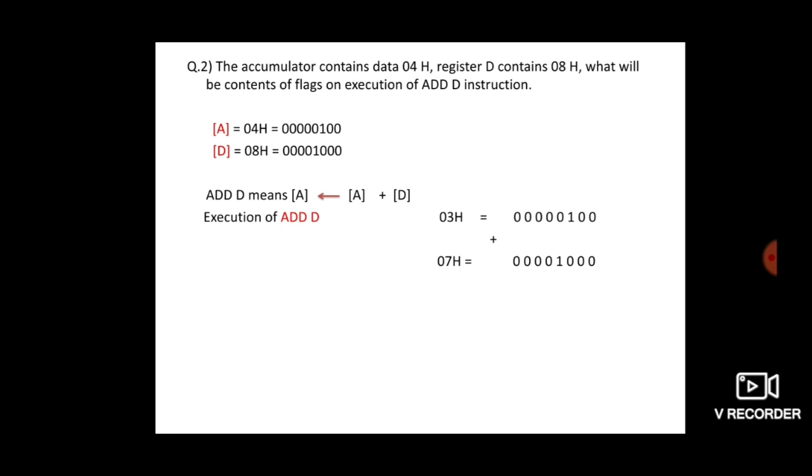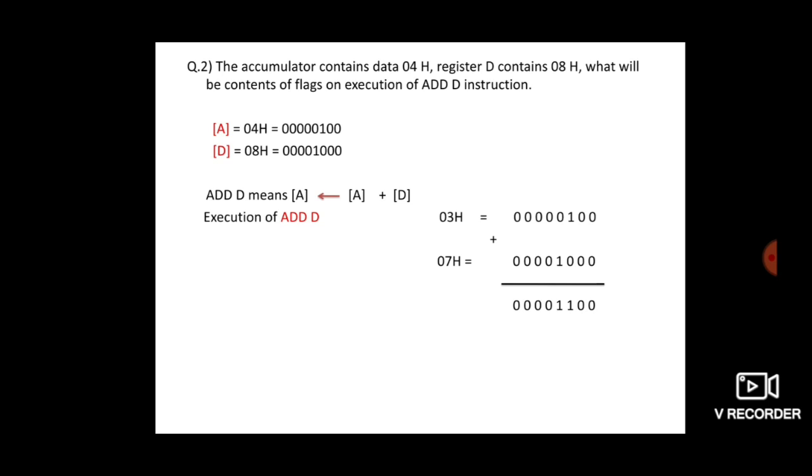Now add 04 and 08 using the binary rule. 0 plus 0 is 0, 0 plus 0 is 0, 1 plus 0 is 1, 0 plus 1 is 1, 0 plus 0 is 0, 0 plus 0 is 0, 0 plus 0 is 0, and 0 plus 0 is 0. Now what is the result? 0 0 0 0 1 1 0 0.